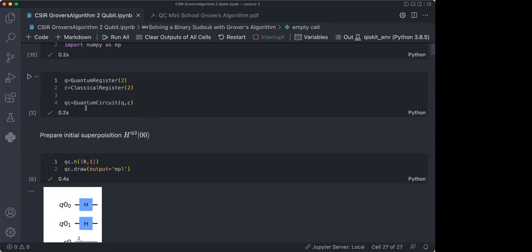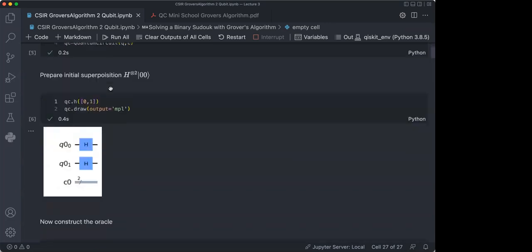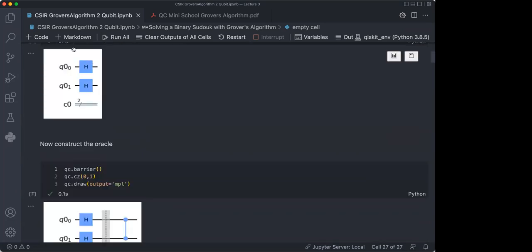And we have a quantum circuit, which is just the quantum and classical registers. Then we prepare our qubits in an initial superposition, a uniform superposition of 2 qubits. We do this by applying Hadamard to the first and second qubits, and as you can see, we've drawn that.